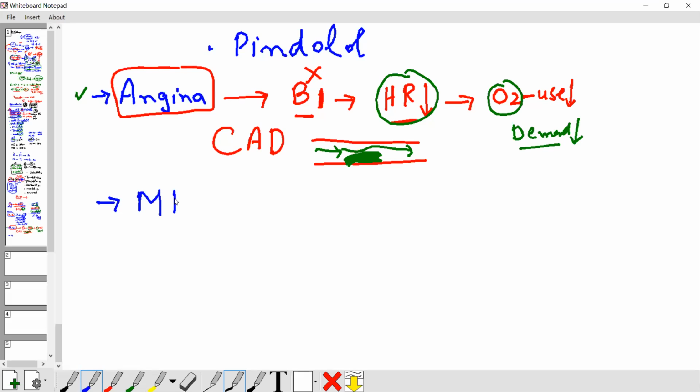Use for MI, then go for beta 1. Preferred selective ones: three very famous names, atenolol, bisoprolol, metoprolol. Do not forget these three names, okay?